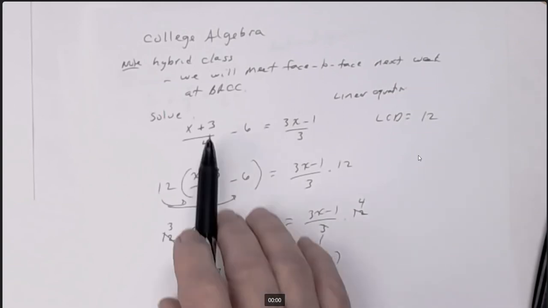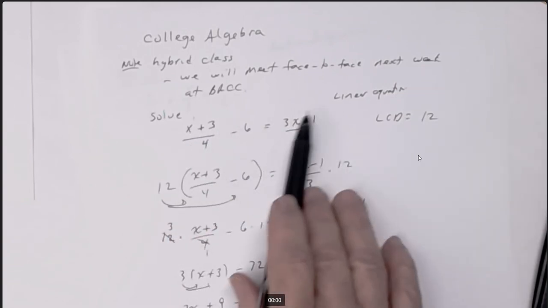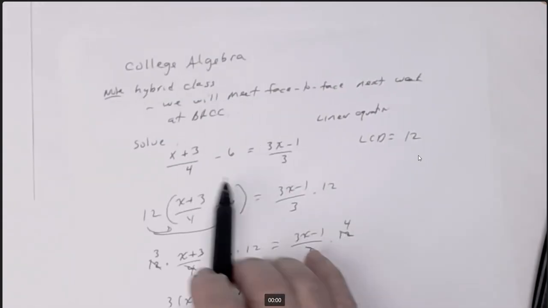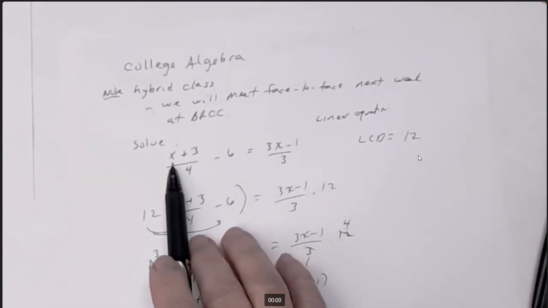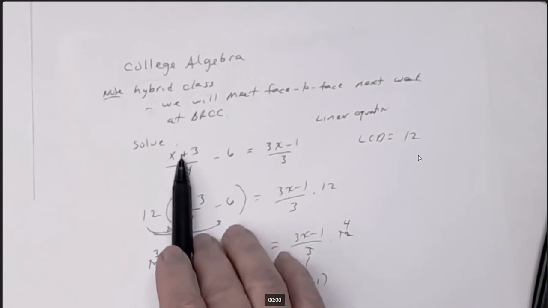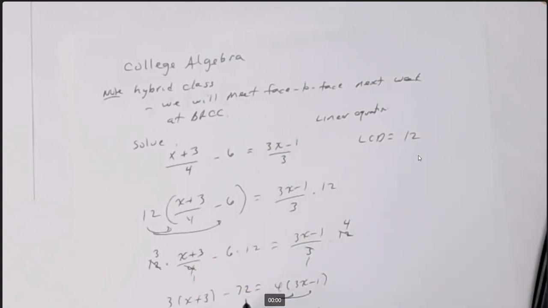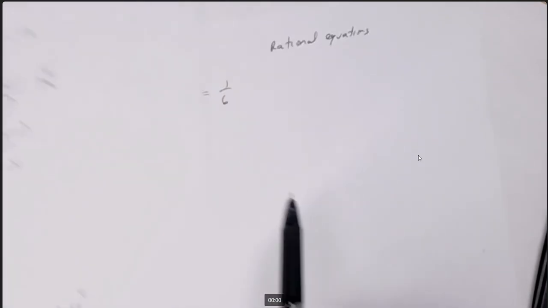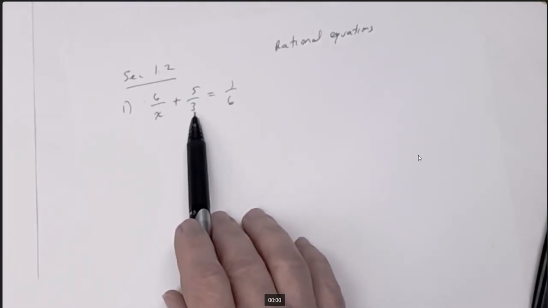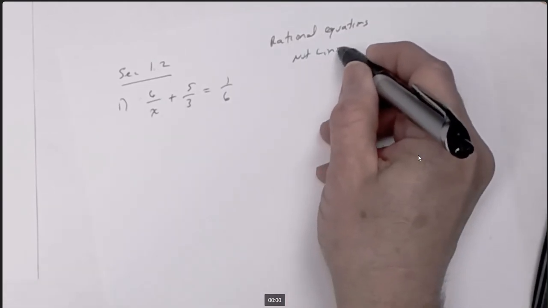It's still a rational equation because it's a rational fraction right here. You see, it looks like a fraction, right? This is a fraction, 6 divided by 1. In particular, though, this rational equation is not linear. The reason it's not linear is because the variable is in the denominator.